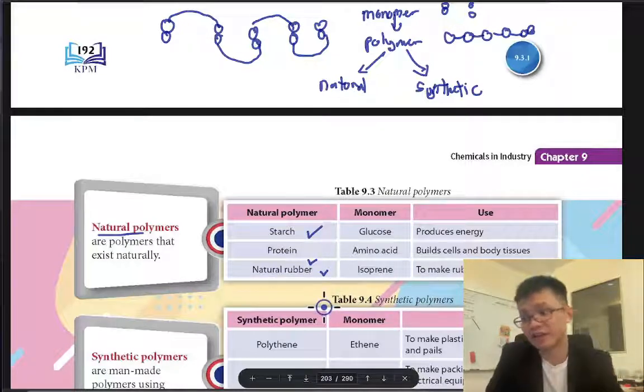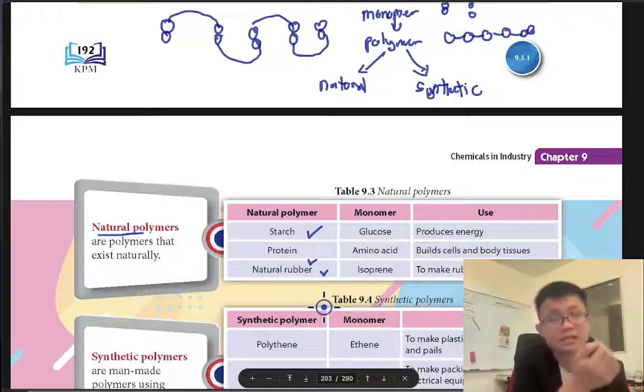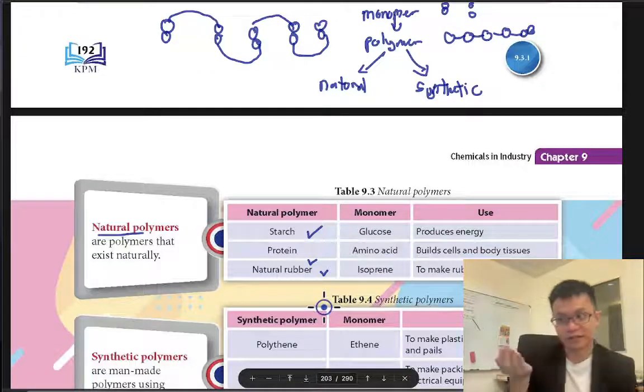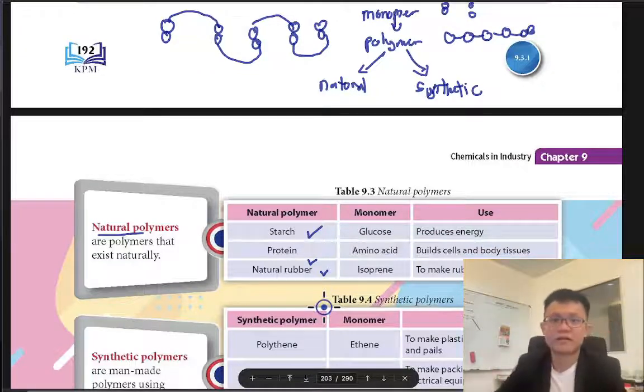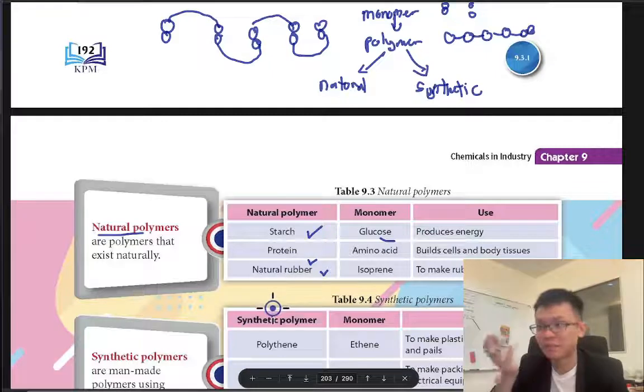For example, when you eat your rice, the rice is solid, right? Because it consists of polymer. The rice that you eat, you can hold in your hand, or you change it to glucose, and it becomes like water. Protein also, maybe the chicken meat that you eat, you can see it's more like solid.